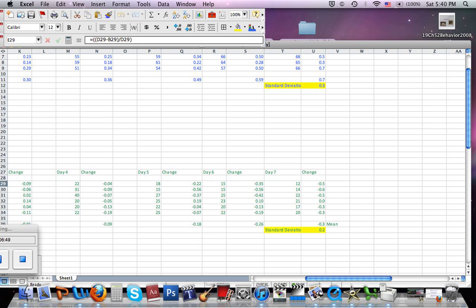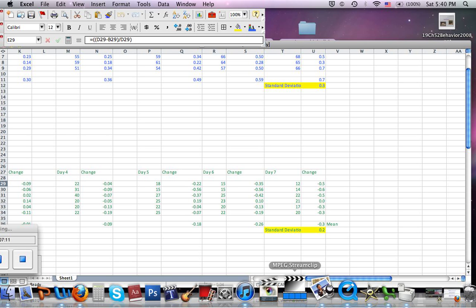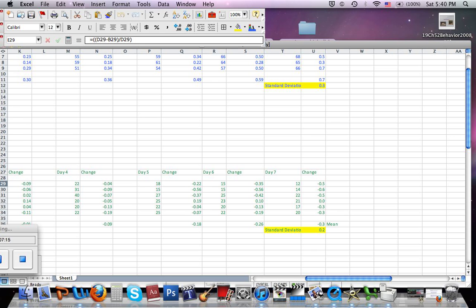Our standard deviation here is 0.2, and our standard deviation here is 0.5. So if we take a look at the difference between the two means being 1.0, and we take a look at our standard deviations as being 0.3 and 0.2, both of them are lower than our difference between the means.